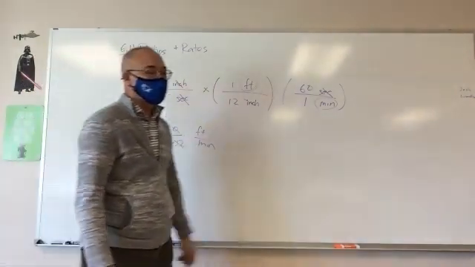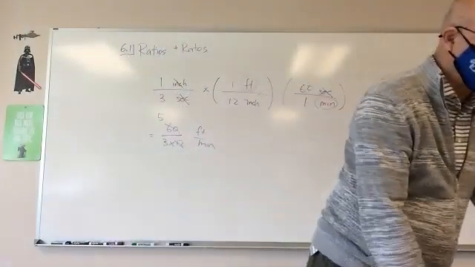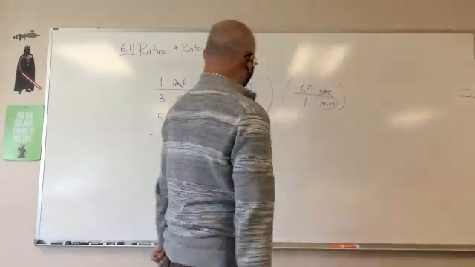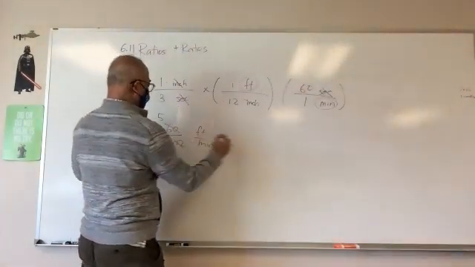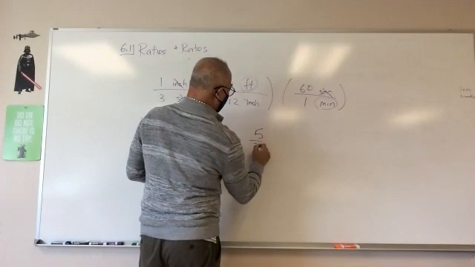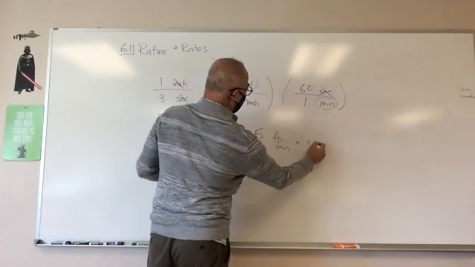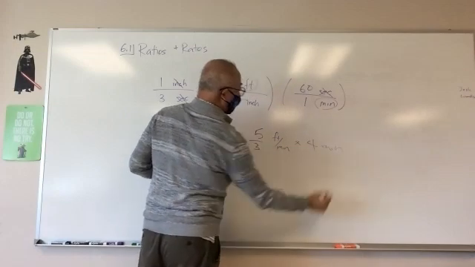And the question was, how far would it travel in 4 minutes? So all I have to do is take this number, 5 thirds feet per minute, and multiply this by 4 minutes.